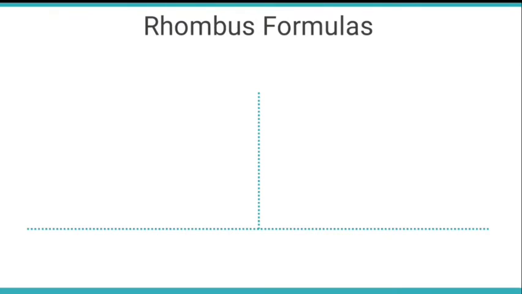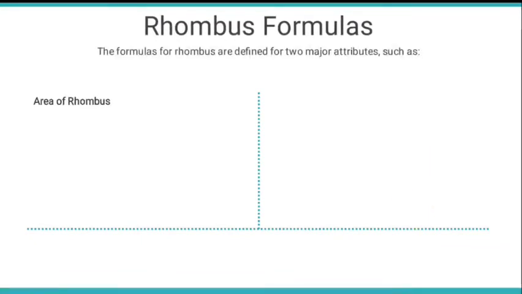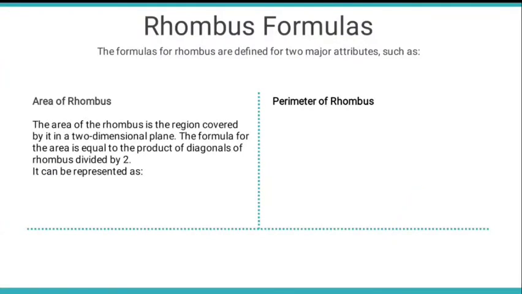Okay, a rhombus has two formulas. First is the area of a rhombus. The next is the perimeter of a rhombus. The area of a rhombus is the region covered by it in a two-dimensional plane.